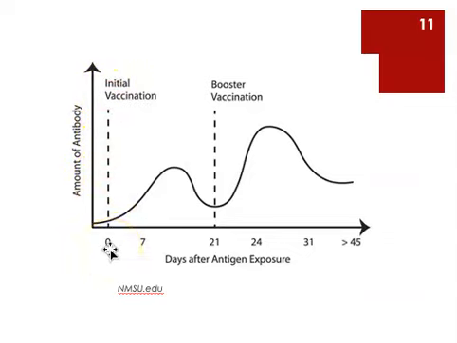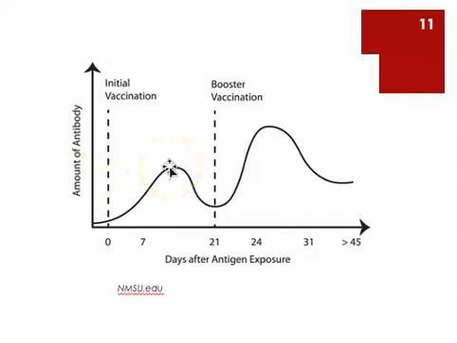Now, you don't respond to a vaccine immediately. It takes about 2 weeks before you get your maximum response. And if we follow the graph up to about 14 days, you can see there's a nice peak here. If we take that peak and we go over to the x-axis, we can see some level of antibody is produced by that first dose of vaccine.